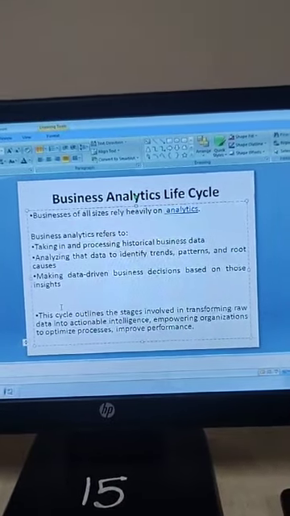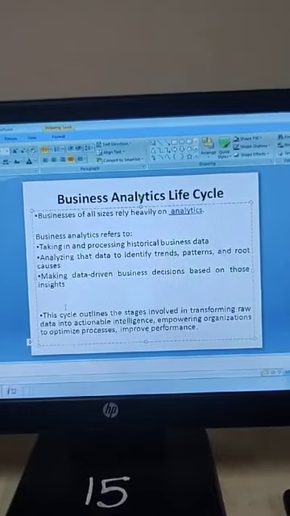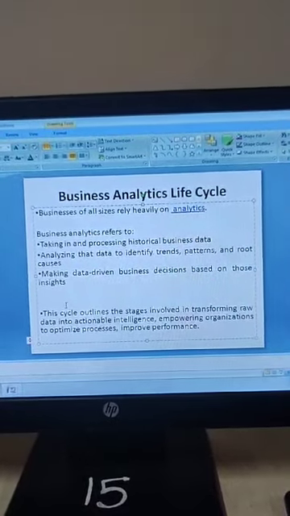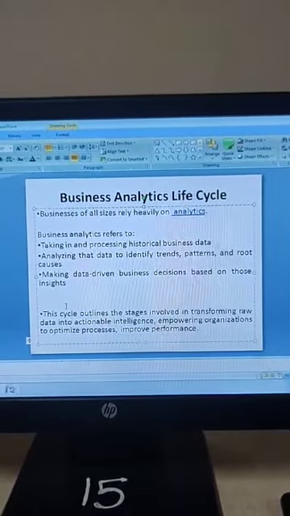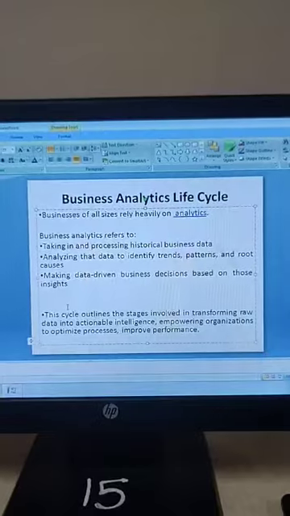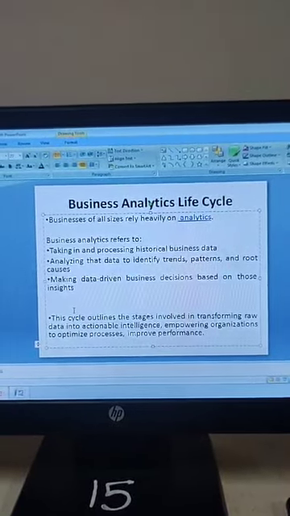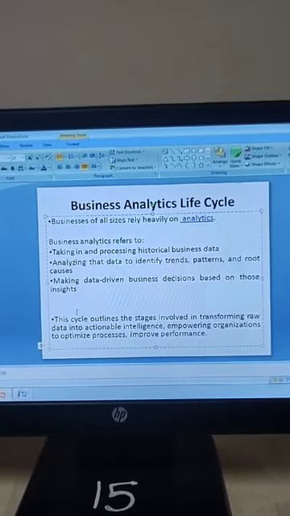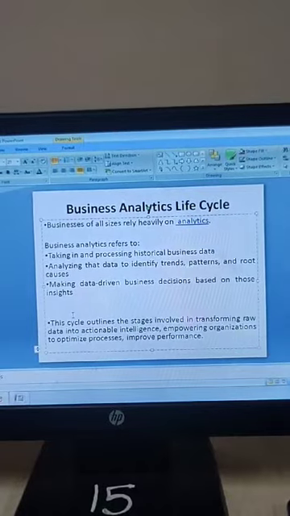Finally, we need to make data driven business decisions based on those insights. So our ultimate aim is to process our business data to make business decisions. This is the actual definition of business analytics. In a single statement, we can define it as from data to decision. This is the simple definition of business analytics.